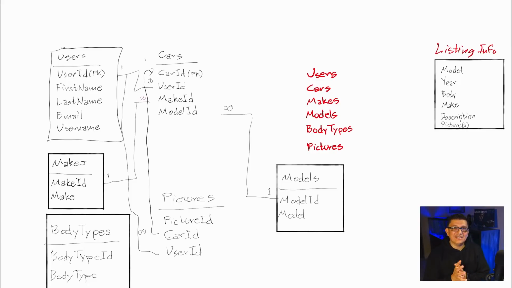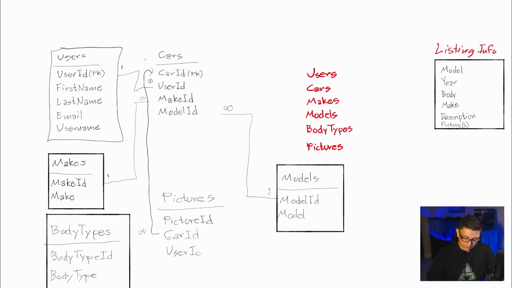So now it starts getting a little complicated, right? Every time we want to use the pictures table for another entity, we have to add a new column to identify what the picture belongs to, and that's not good practice. If you want to do it that way, to where one table is going to be linked to many tables, we have to create what is called a linking table.